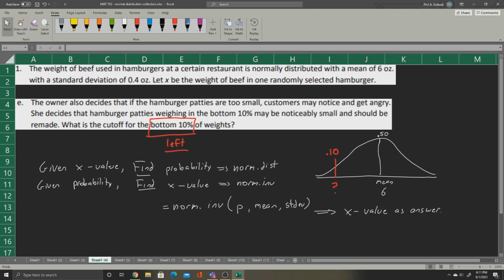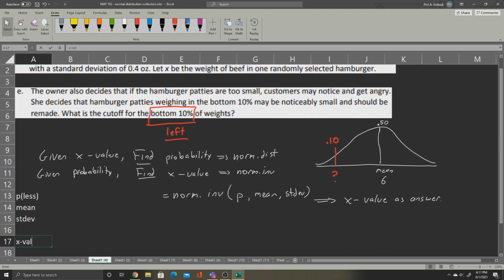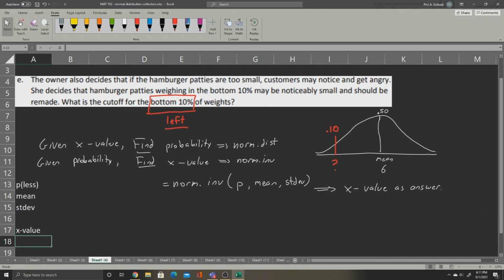So let's make our list. We'll need a probability, specifically probability of being less. Then a mean and a standard deviation, and based on that, we can get an X value. Now our probability of being less is going to be 10%.